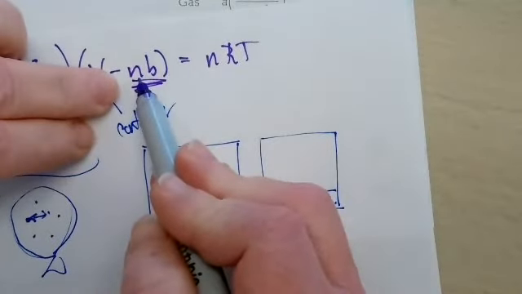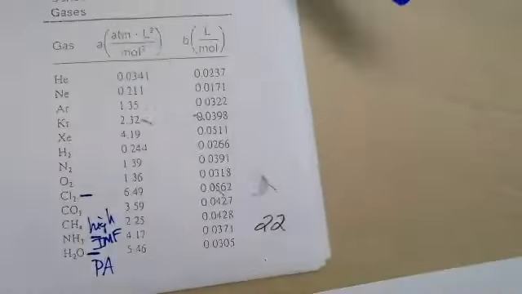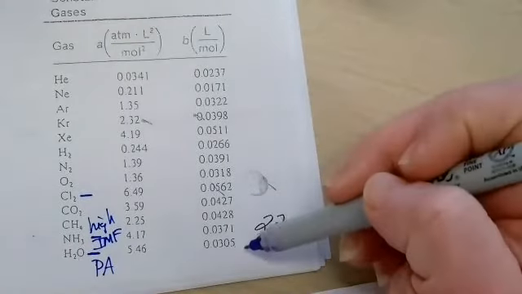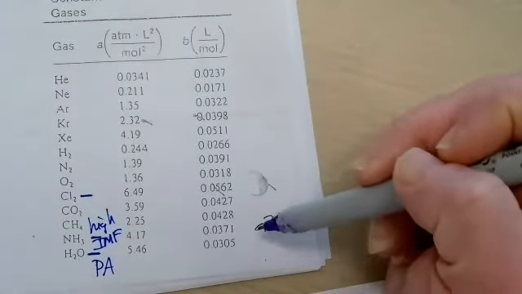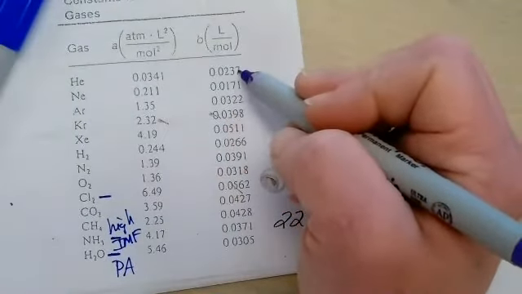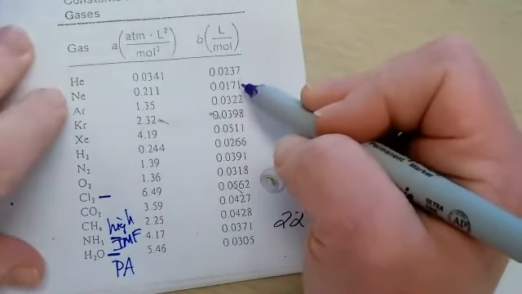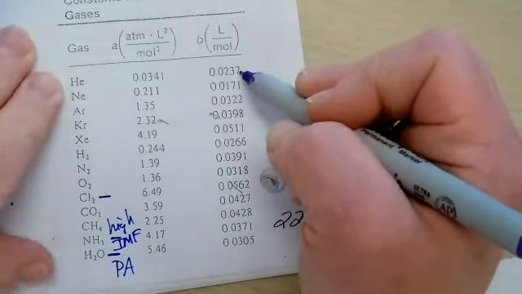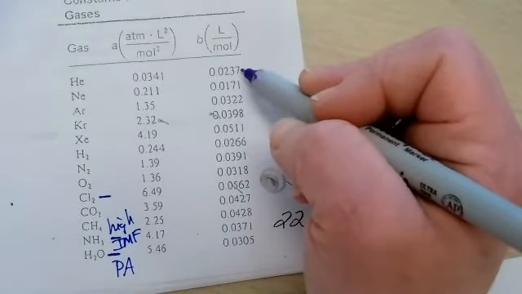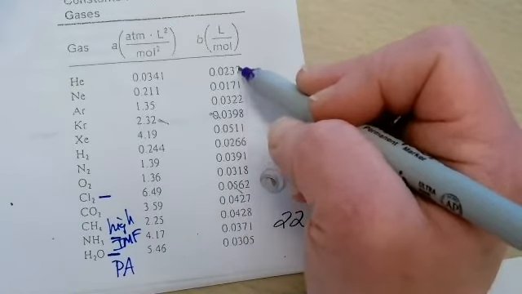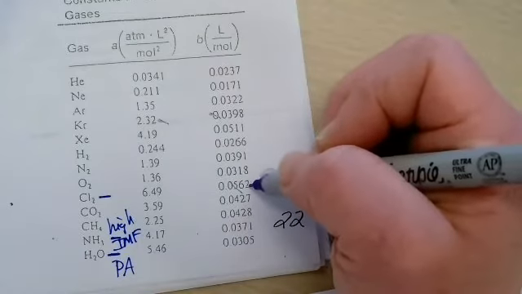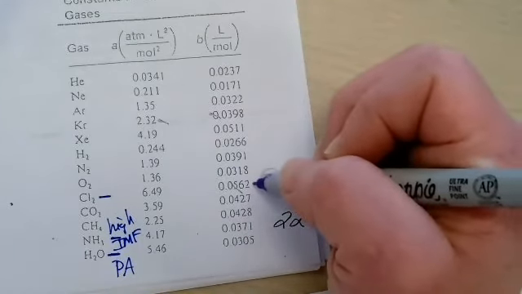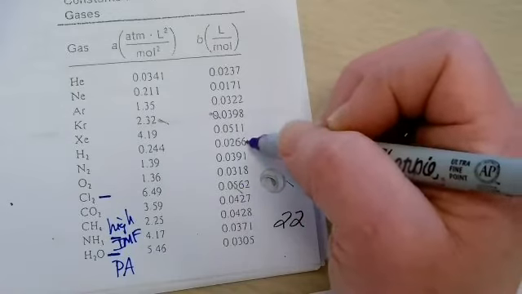n is moles, b is per your substance. The value of this is based on the volume of the substance. And so, for example, we definitely know Cl2 is larger. Hydrogen, much smaller, and so on.